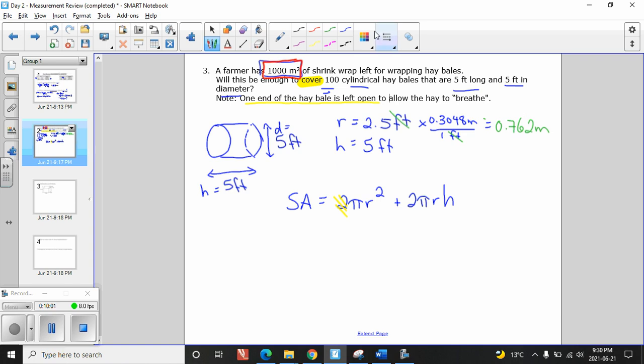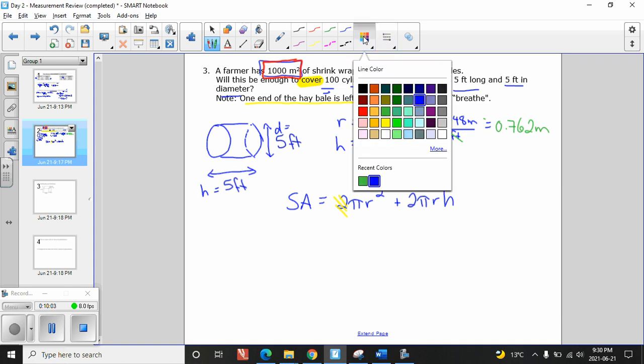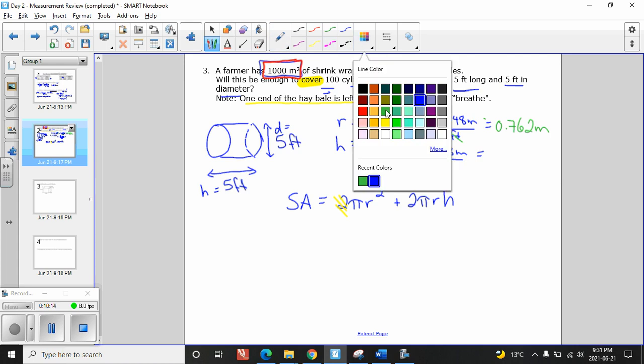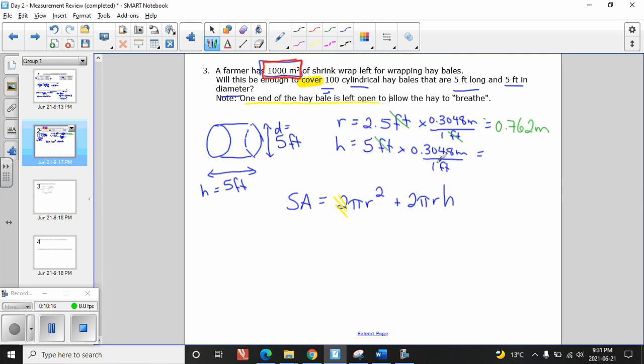So we'll do the same with the other dimension. Multiply it by 0.3048 meters per 1 foot. Again, the units are going to simplify themselves out. Feet divided by feet are just going to disappear.